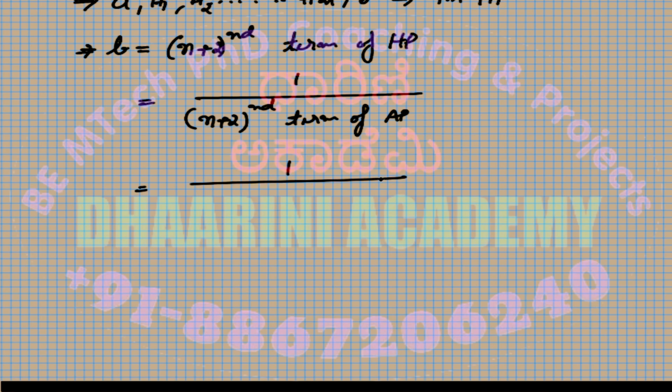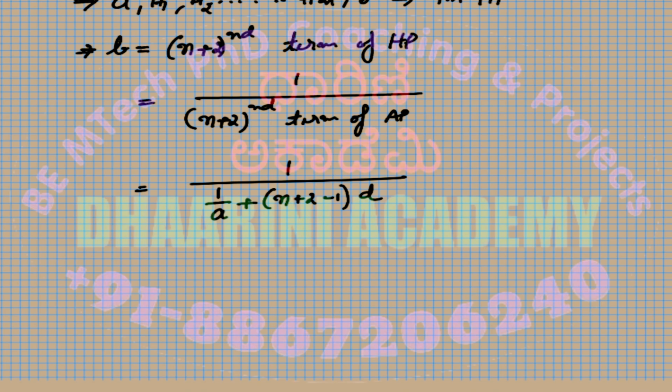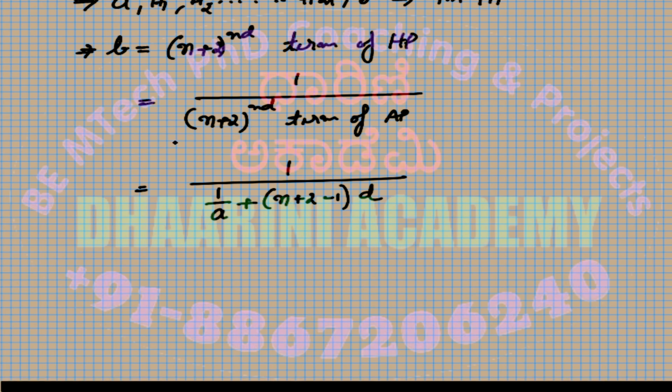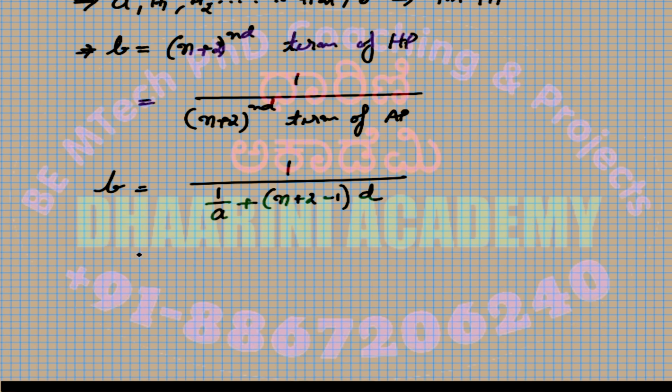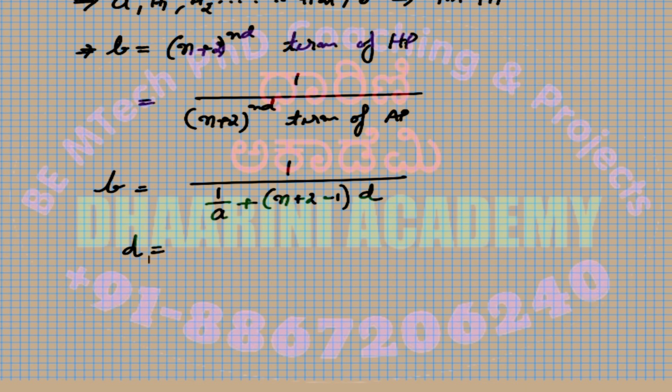That is equal to 1 divided by, if A is a part of HP, 1 by A should be considered as the first term of the AP, plus n plus 2 minus 1 into D. So B is equal to 1 divided by 1 by A plus n plus 2 minus 1 into D. I have to use this to get the value of D.